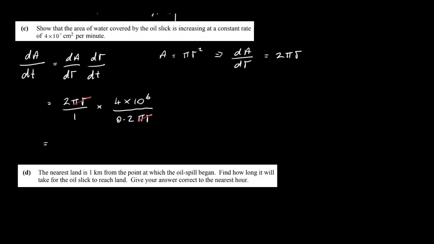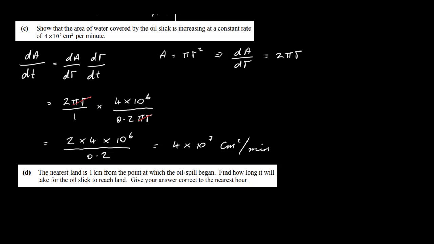So what we're actually left with here is 2 times 4 times 10 to the power of 6 all over 0.2. And if you work that out, you get 4 times 10 to the power of 7, and that's square centimeters per minute.